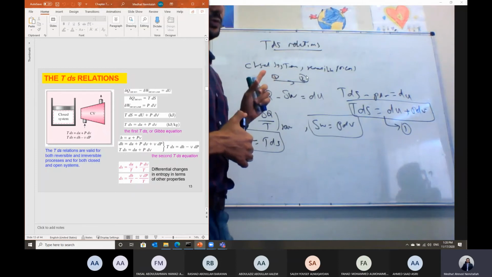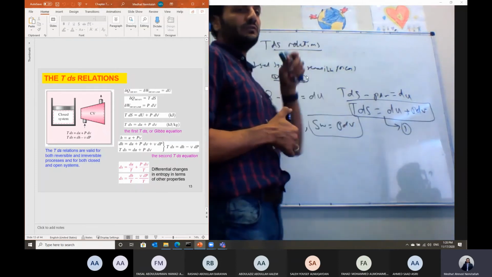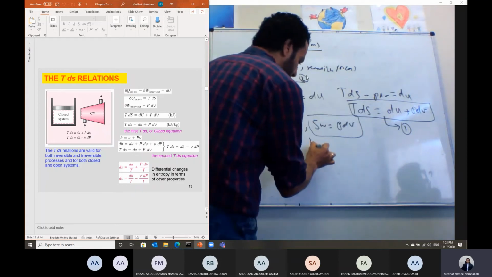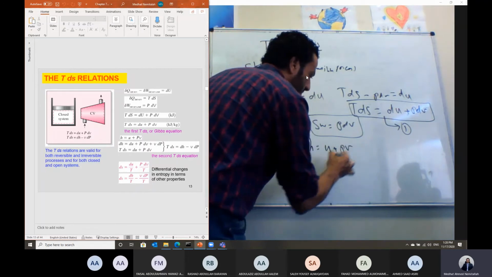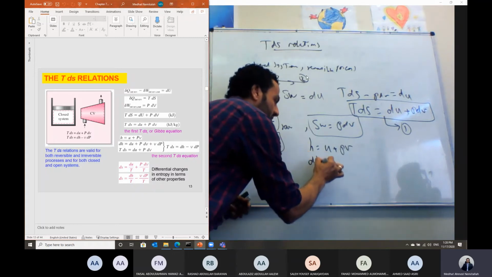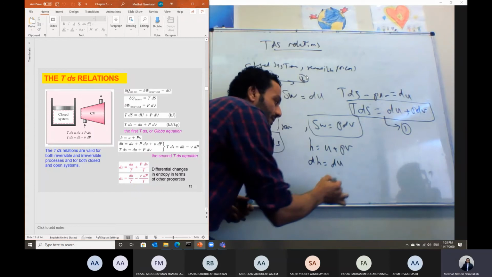T dS to calculate the entropy. T dS is equal to dU plus P dV, okay? By definition, we have the enthalpy of the fluid equal to the internal energy plus the flow energy, which is pressure multiplied by specific volume. So we can say dH will equal what? Will equal dU plus what?